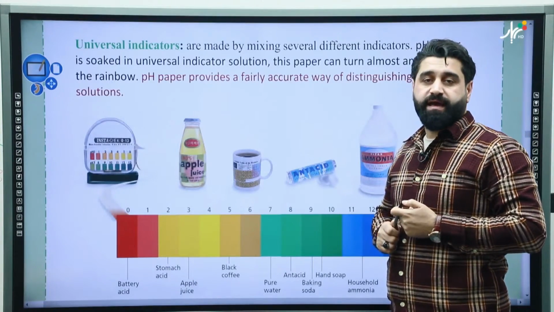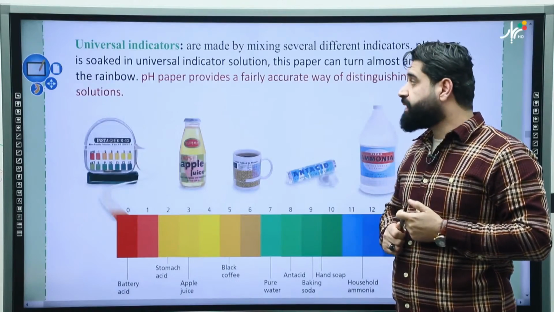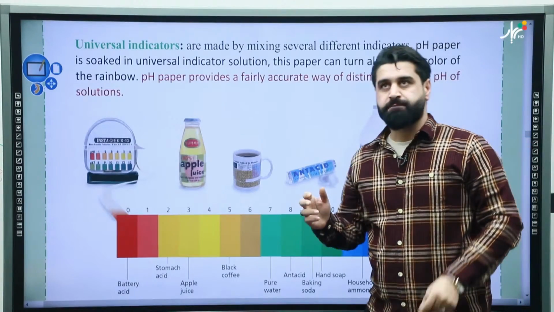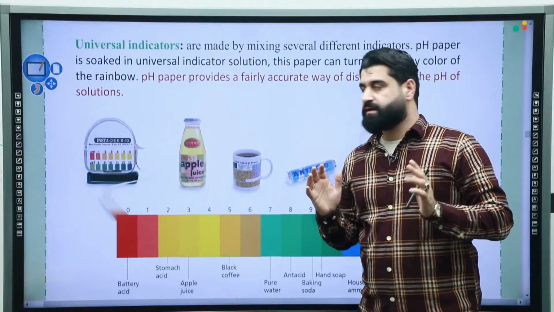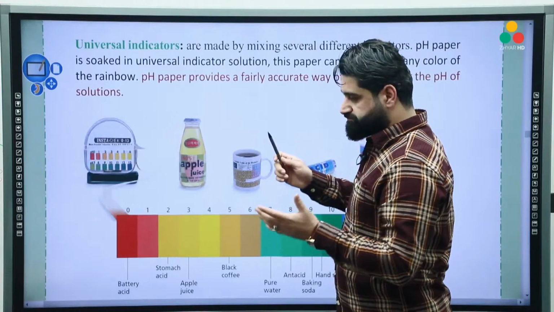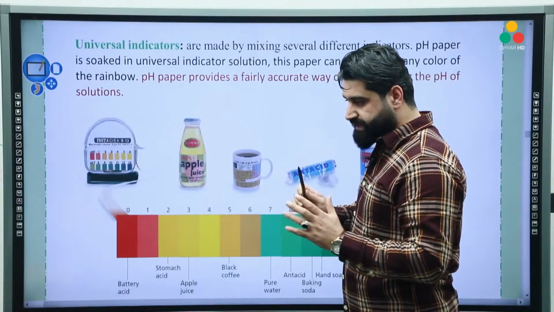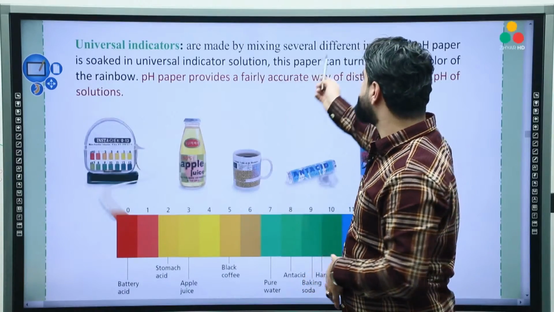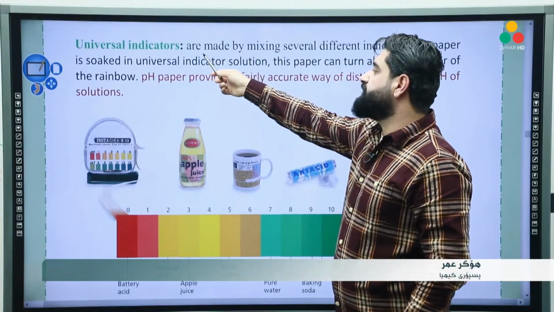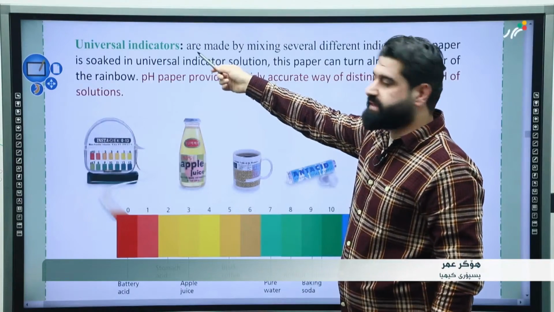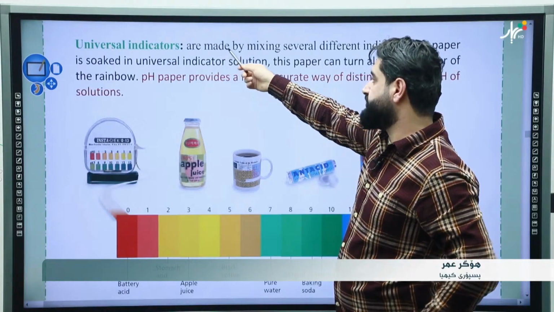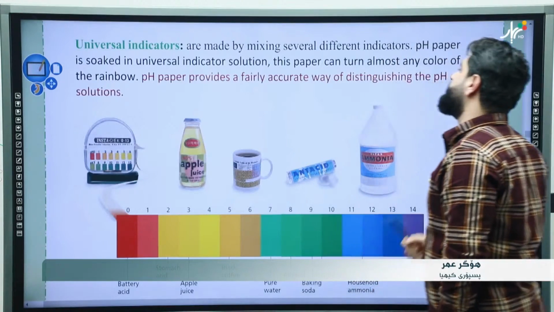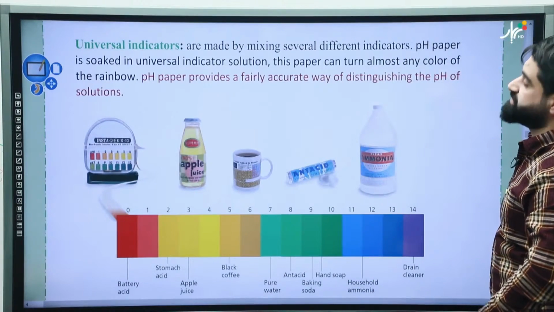So the chemists thought about preparing a universal indicator that contains a lot of common indicators. Universal indicator, general indicator, is made by mixing several different indicators.